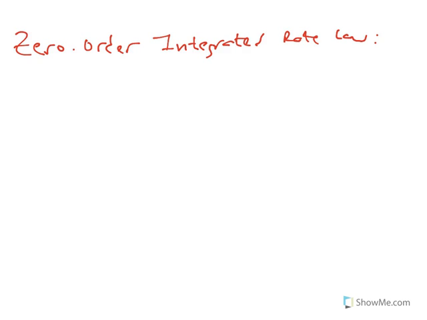All right, what I'd like to look at now is the 0 order integrated rate law. So if we go back to our simple reaction of A going to P, all right, we can go ahead and write that our rate is equal to k, concentration of A, to the 0th power, all right?